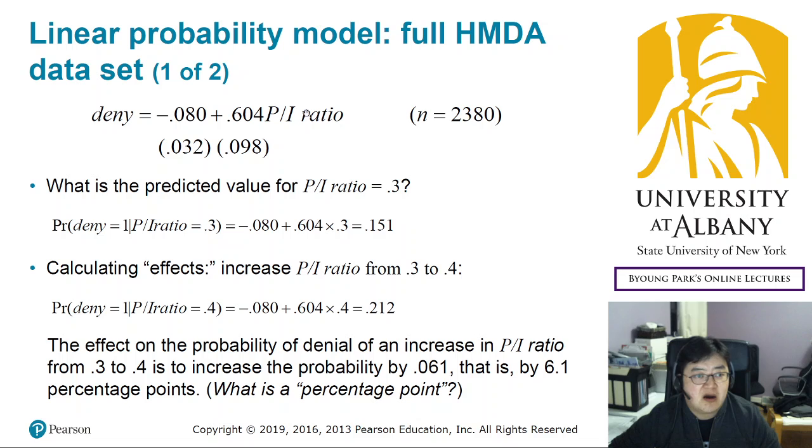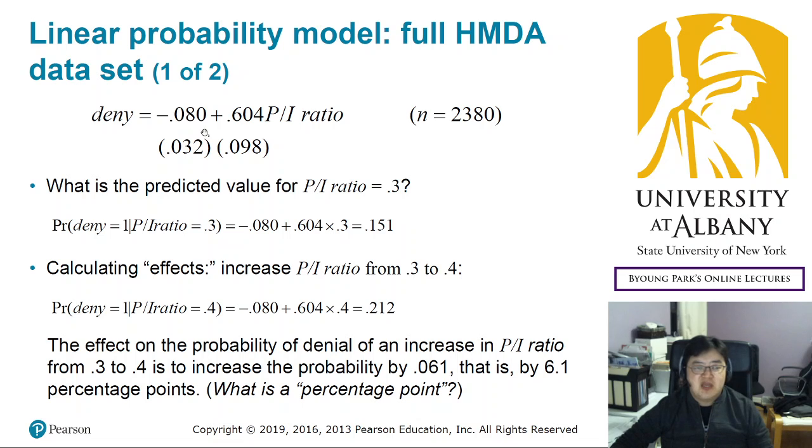This is the result. As I said, the intercept is the estimated probability of denial if the payment income ratio is 0. There is no real interpretation of a PI ratio equal to 0, because payment cannot be 0 when you apply for a mortgage. So still, it does not matter.